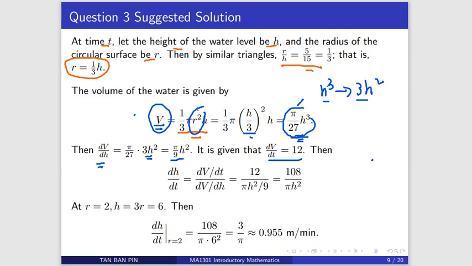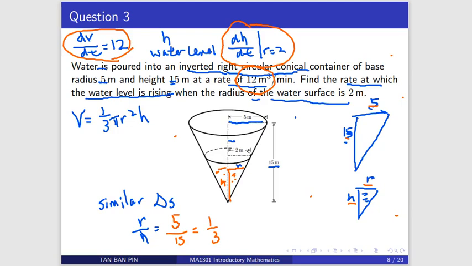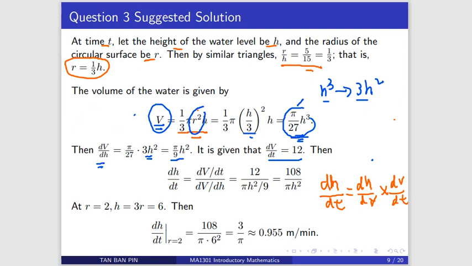Using chain rule, what you want is to find dH/dt, which is the same as dH/dV times dV/dt.